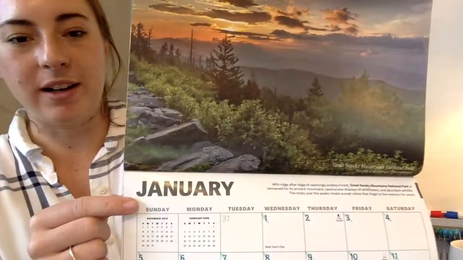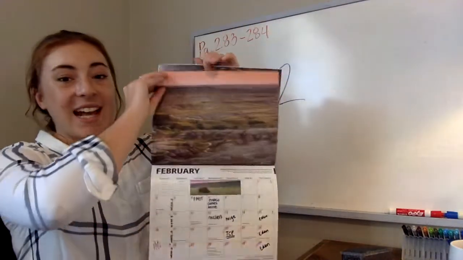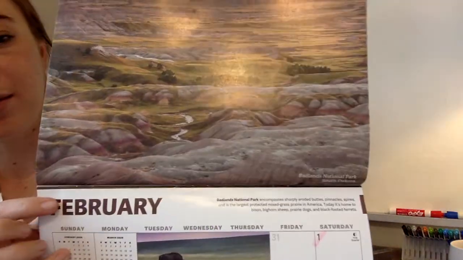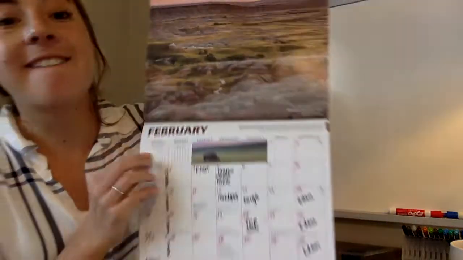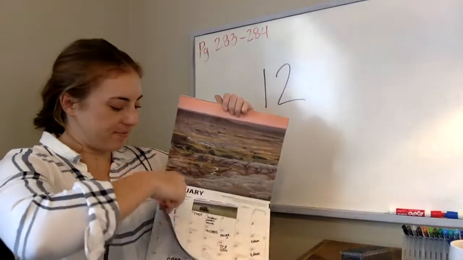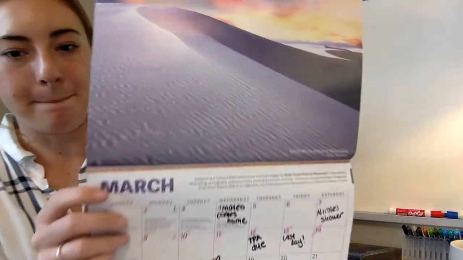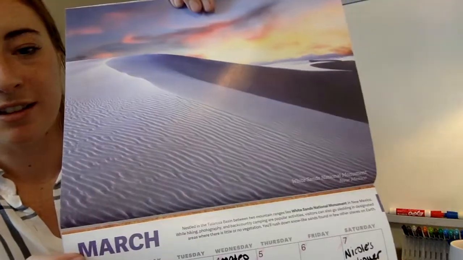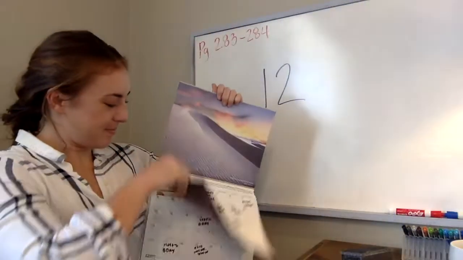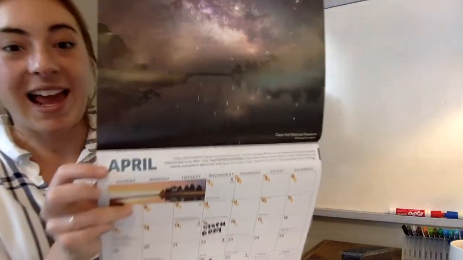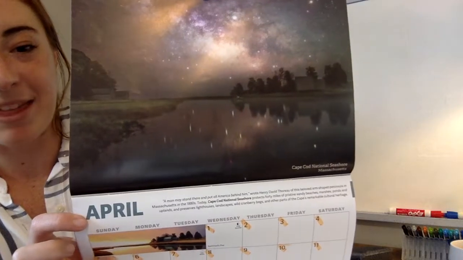So the first one we have is January. January. The next one is February. Can you say February? February. March. March. April. That was last month.